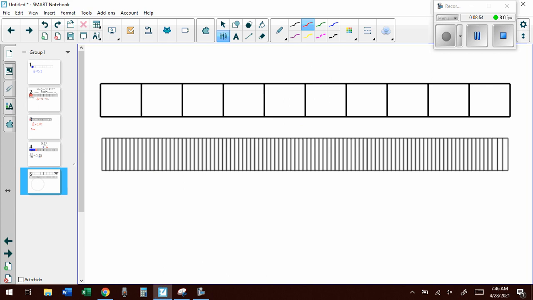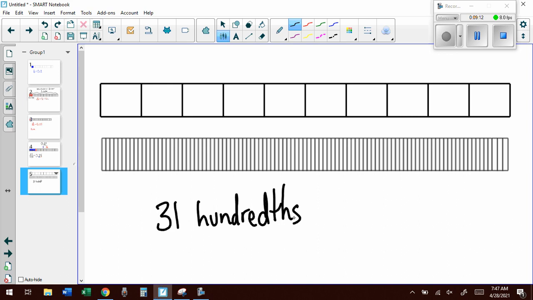Now we could do the same. Let's do one more with, I don't know, 31/100ths. Now we know that in 31/100ths, or 0 whole pieces, a decimal point, 31.